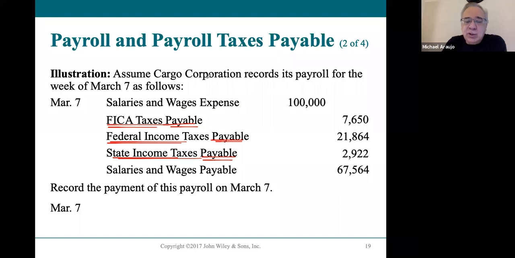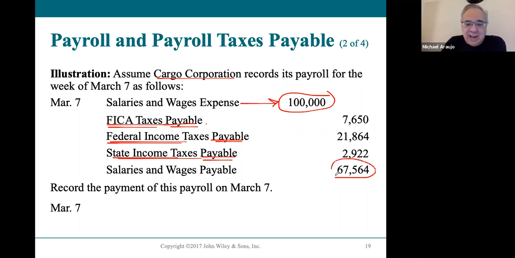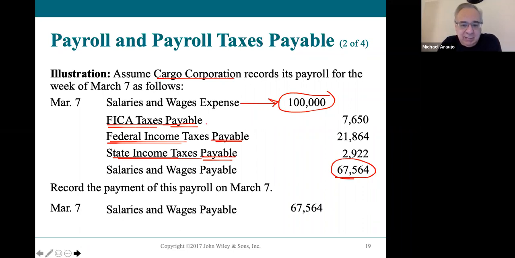Corporations might have a very large payroll expense in total, but after all the payroll taxes they withhold, they don't need a lot of cash to pay the actual net pay for the employees. So the cash amount immediately due on payroll is whatever's payable.